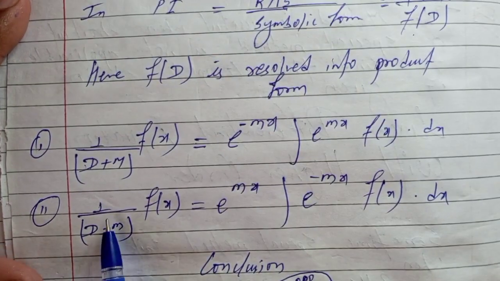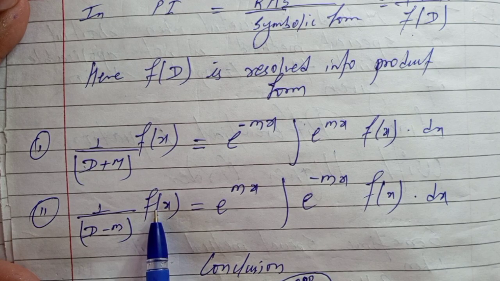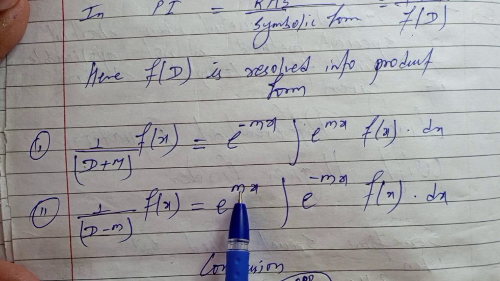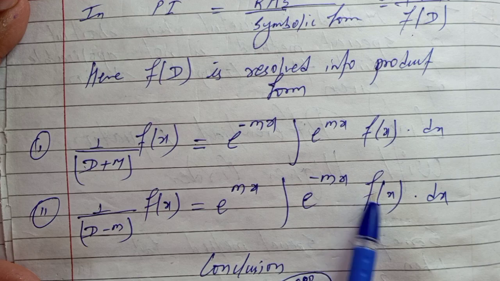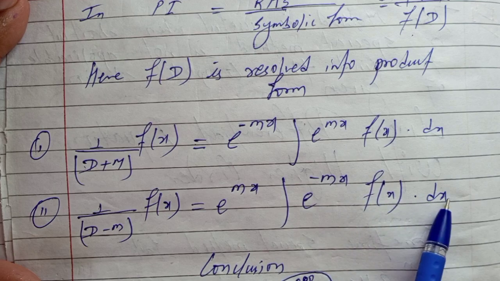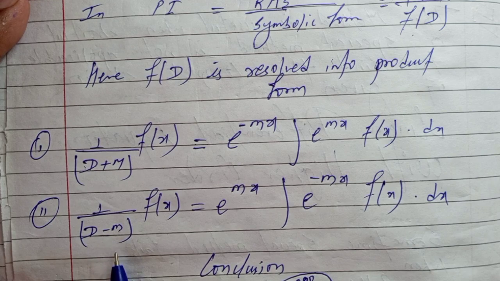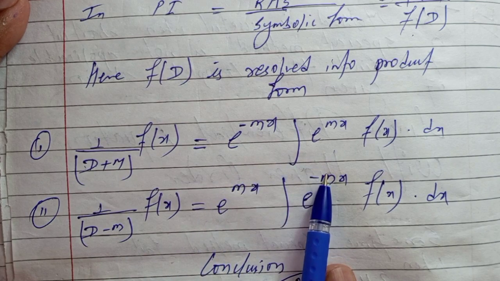In the same way, if there is 1 by (D minus m) of function of x, then it becomes e to the power mx integration of e to the power minus mx function of x into dx. That is how: here is minus, then its opposite plus; plus, opposite minus.